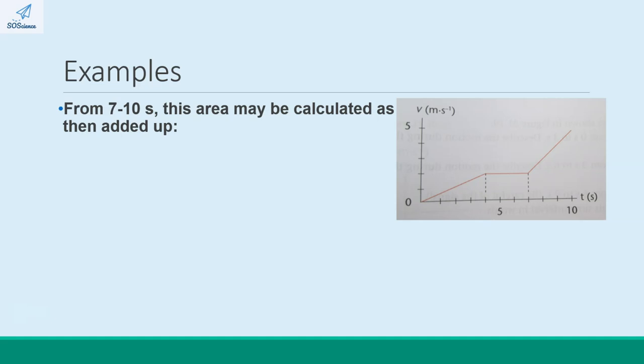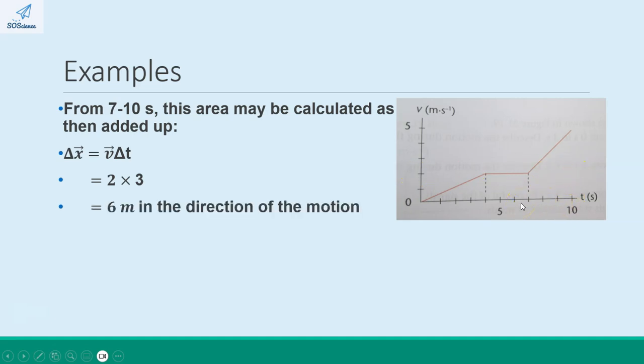And then from 7 to 10 seconds, we have a shape that looks like this, which we can break up into a rectangle and a triangle and then add them up. So we've got x equals v times t for this rectangle component. So that's going to be 2, because this over here represents 2, times 1 to 3 seconds, and that gives us 6 meters in the positive direction.